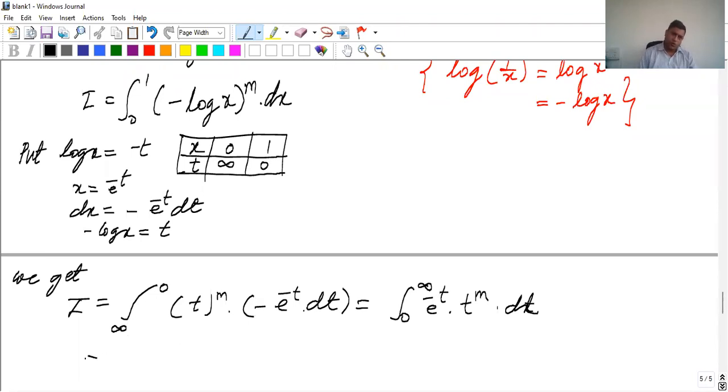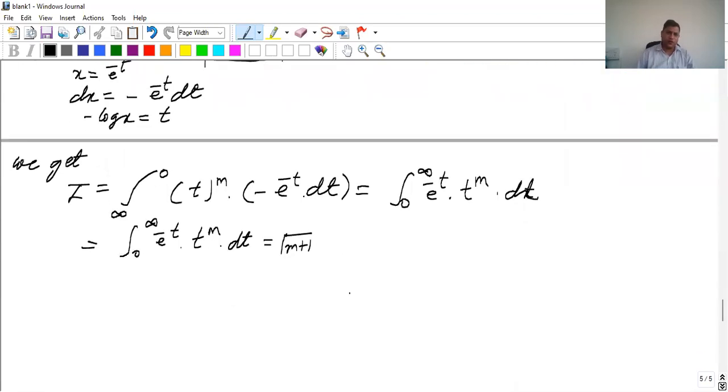So this is integral 0 to infinity e raised to minus t raised to m dt. Can you guess or relate what this integral is? Gamma m plus 1. It is very simple, gamma m plus 1.